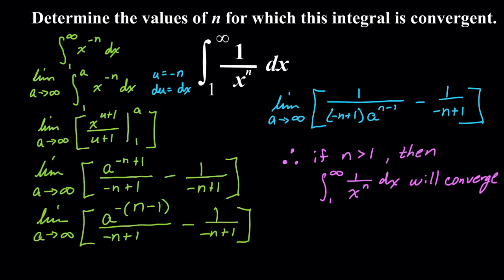So again, if n is larger than 1, A stays in your denominator because your exponent's positive. And that answers our question here.